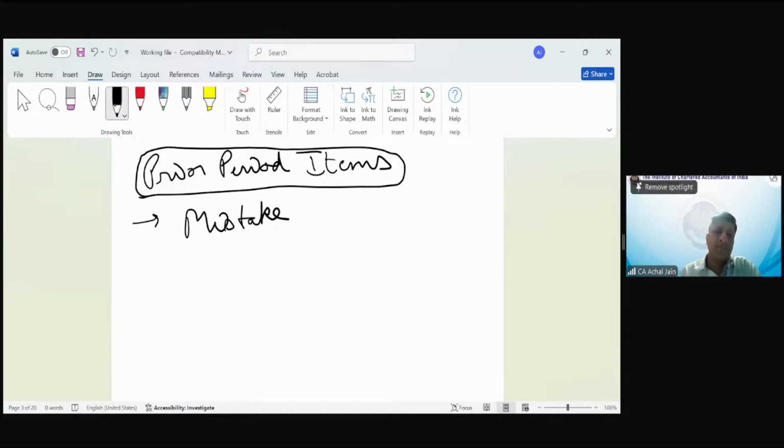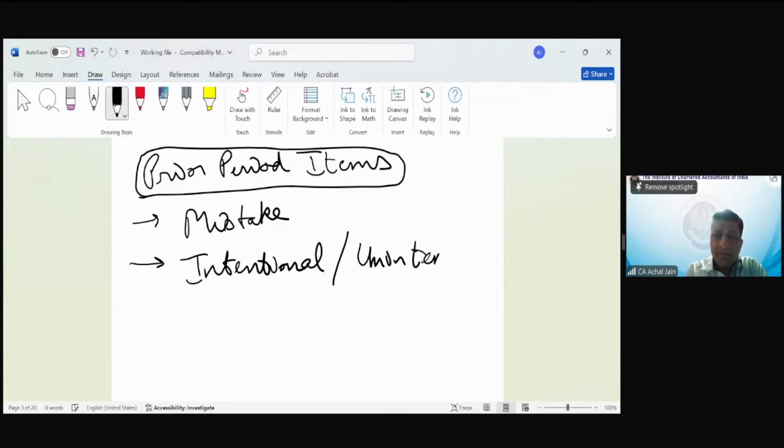Number one, this mistake could be intentional or unintentional. Unintentional means you'll call it a mistake or an error. Intentional means you'll call it fraud.